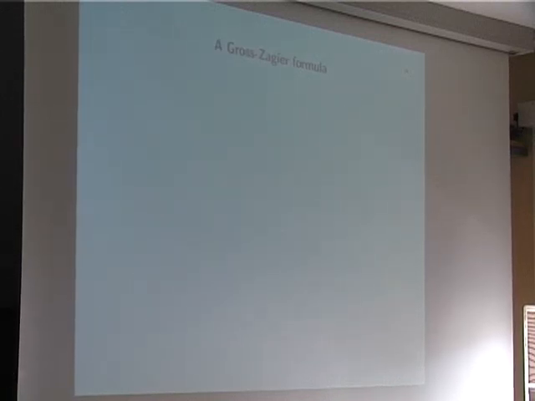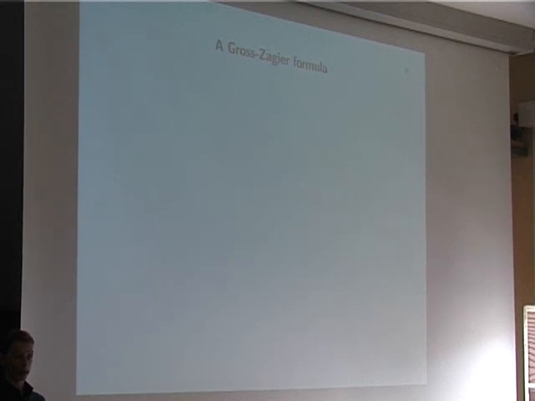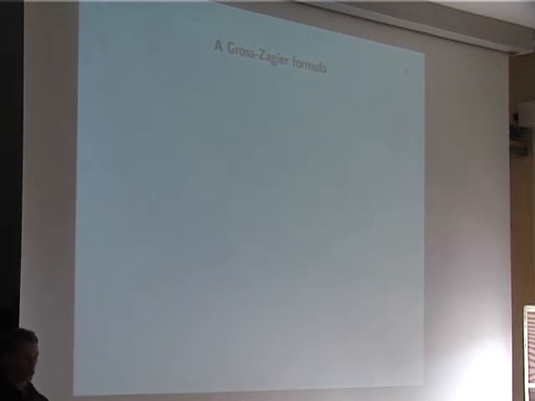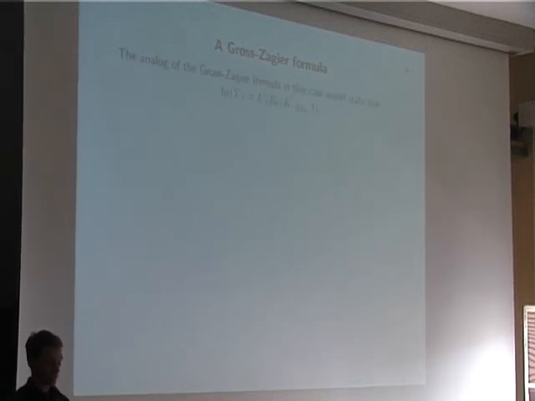Let me conclude by relating this back to the Gross-Zagier formula. Remember, when we were considering regular Heegner points, if we could find a quadratic twist with analytic rank 0, then the BSD conjecture implied that our Heegner point didn't vanish. So what really explains how sometimes the mock Heegner point vanishes and sometimes it doesn't? We should have a Gross-Zagier formula for that.